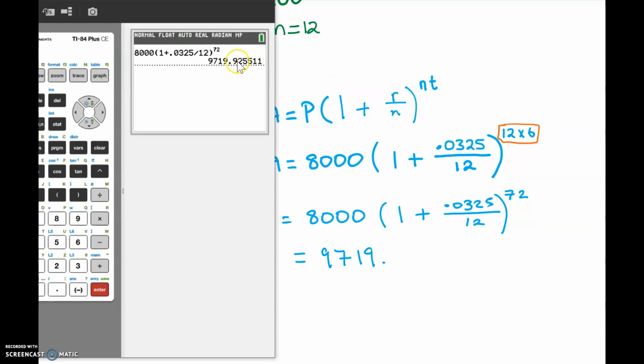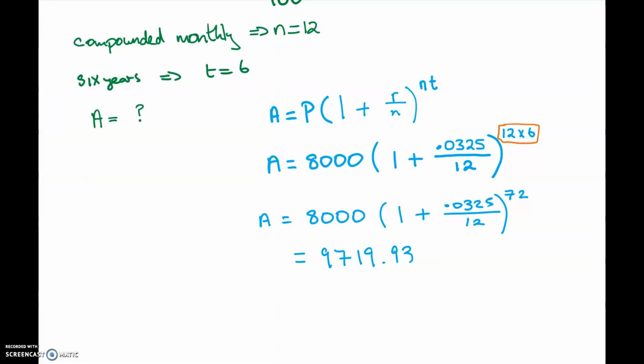This is going to be money, remember, so so far this is dollars, and 92.55 cents. So round it off to the nearest cent. So that would be 93 cents. It's not quite 93 cents, but basically that's what it is.